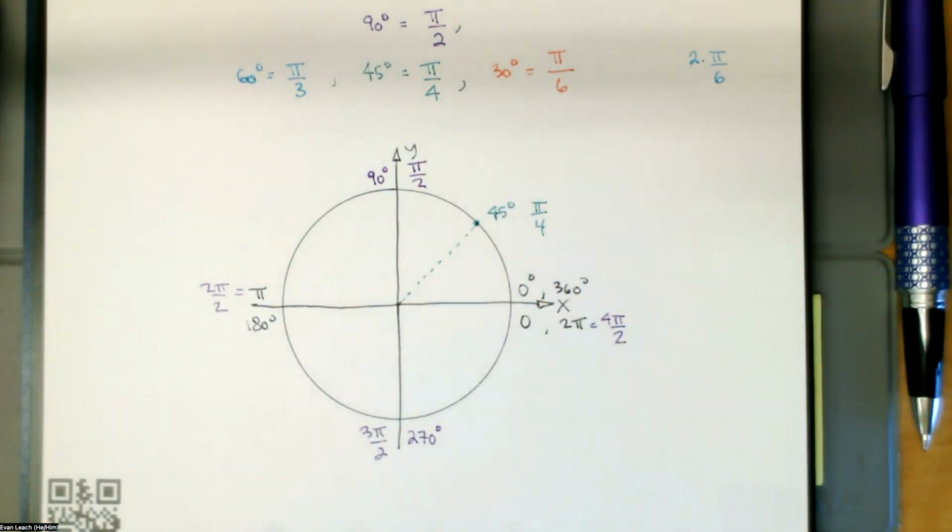Just counting around in fractions, because we're trying to remember where things are.